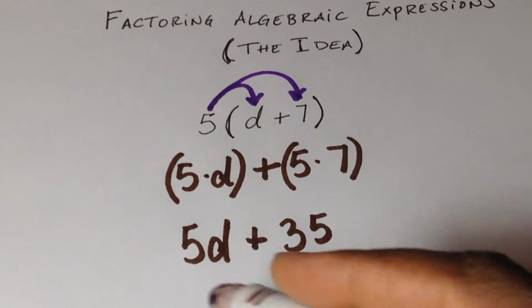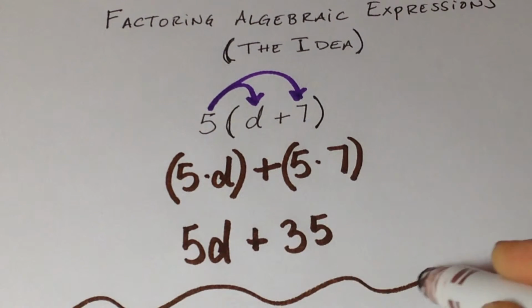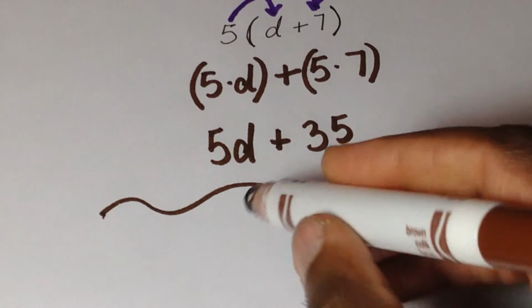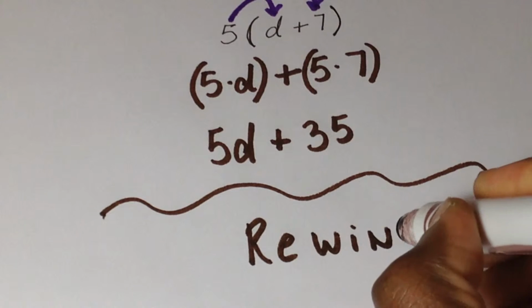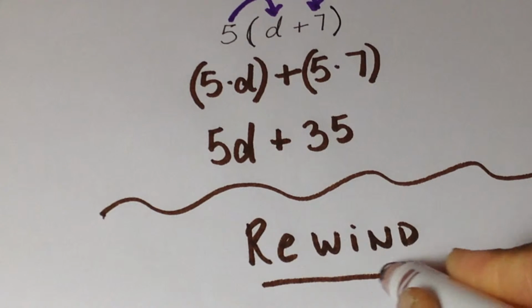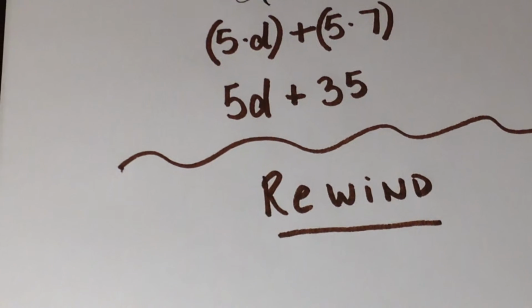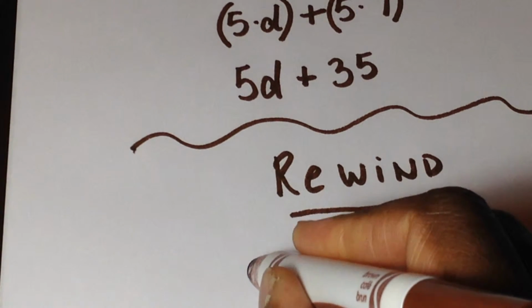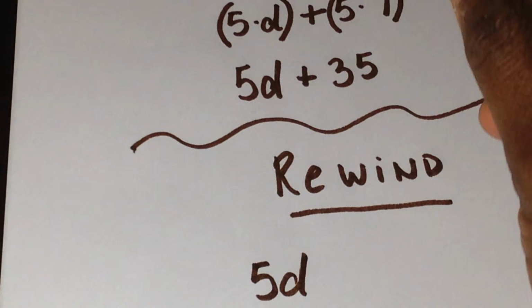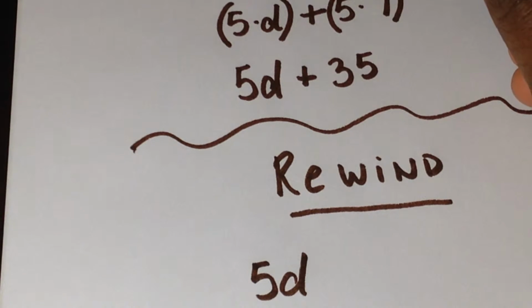Now, factoring is pretty much a rewind. And here's what that means. We started with the 5 times d plus 7.